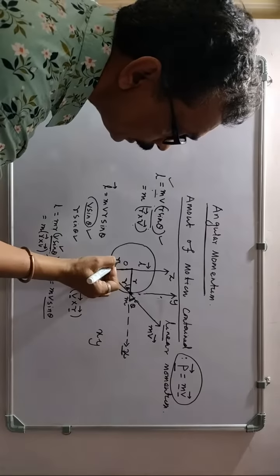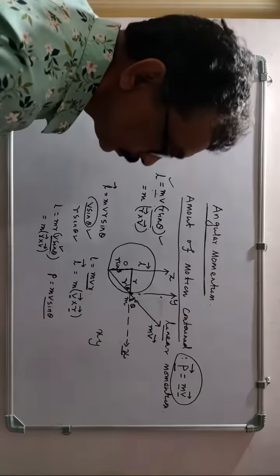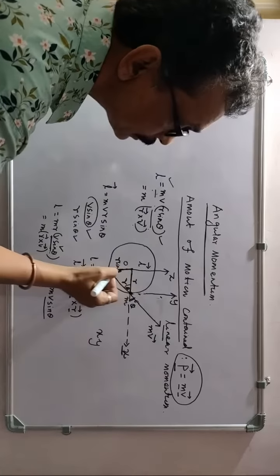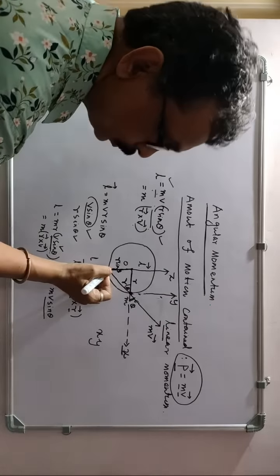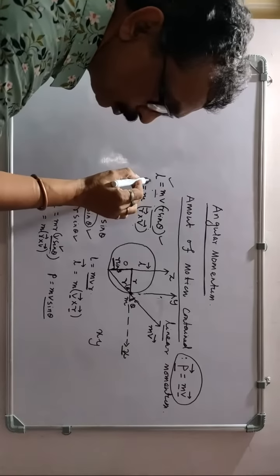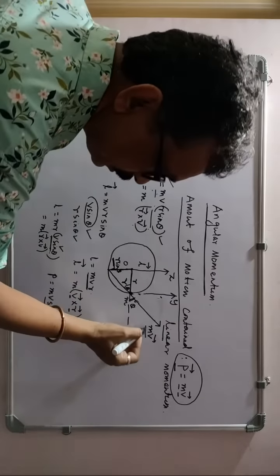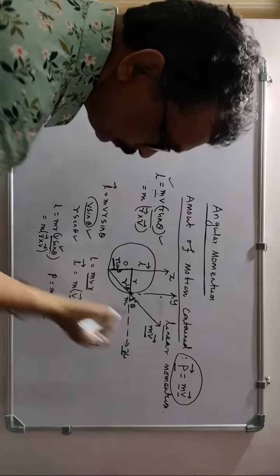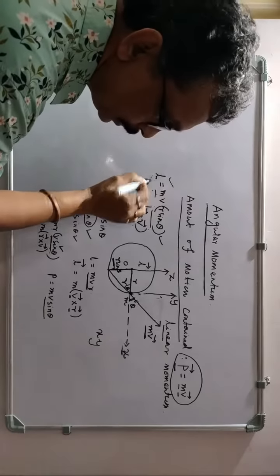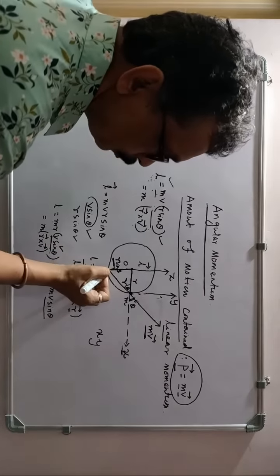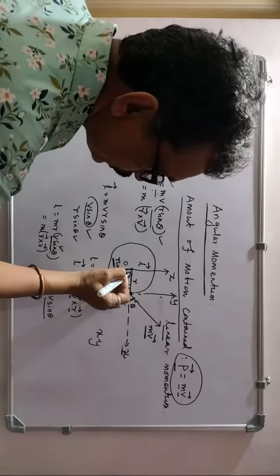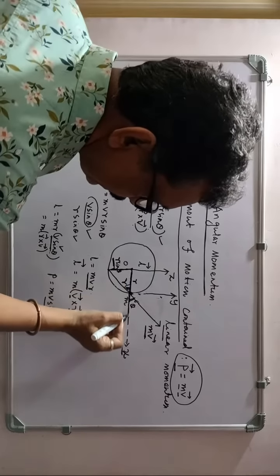This will be equal to r sine theta. So when the particle will change its position, r sine theta will change. So long as r sine theta is constant, the angular momentum will not change if the speed is constant. Remember, if the speed is constant, there will be no change in the angular momentum if this value r sine theta will be constant. For example, suppose a body moves with constant velocity along this line.